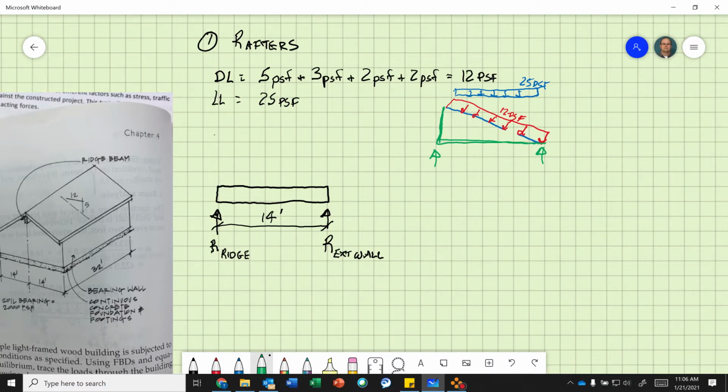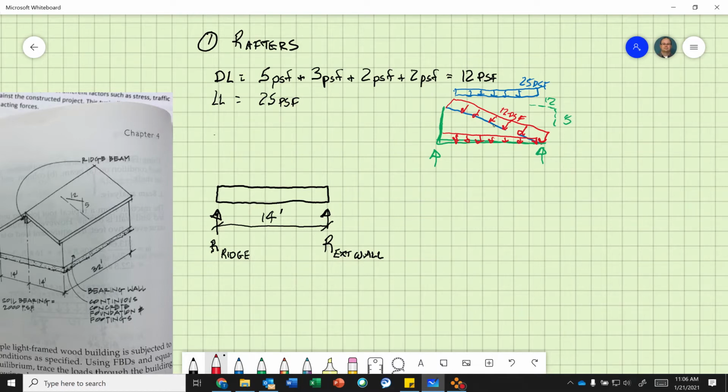Because we know this is a 5/12 pitch, we want to take this load and squish it, so we horizontally project it down to the horizontal. So we're not doing math and trigonometry. How do we do that?